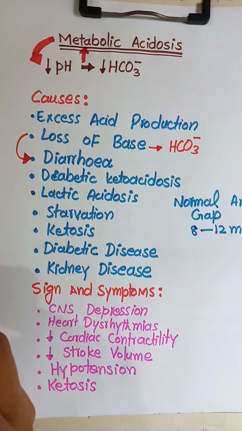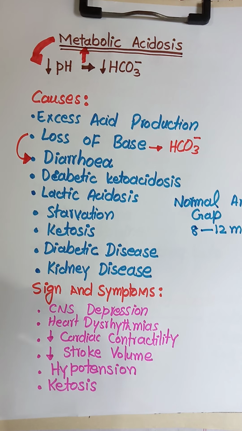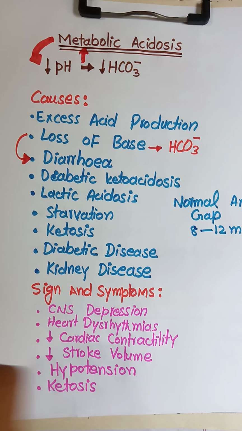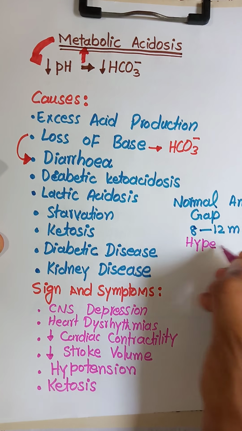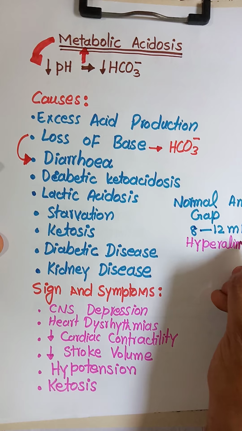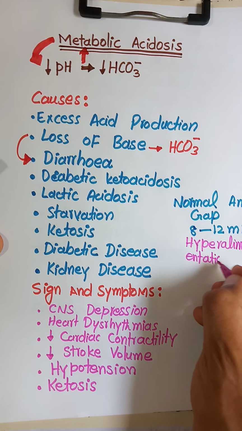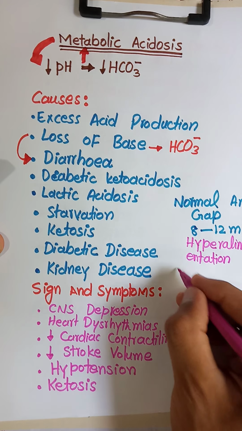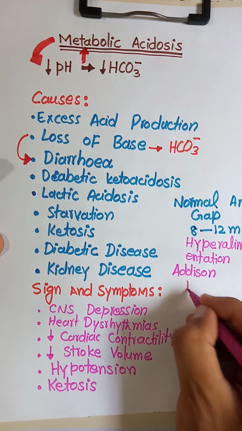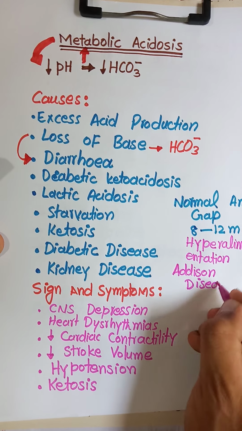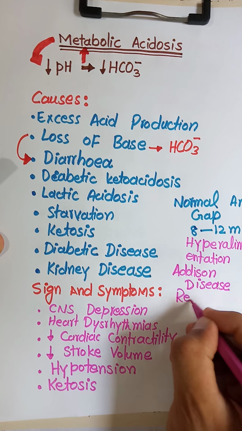Now, what happens during normal anion gap? These cases are hyperalimentation, and Addison disease, renal tubular acidosis.